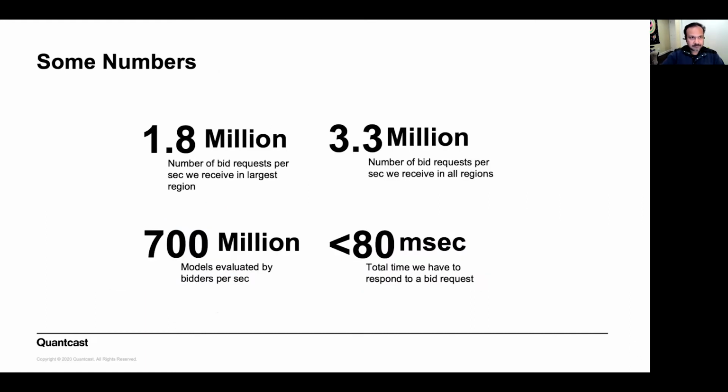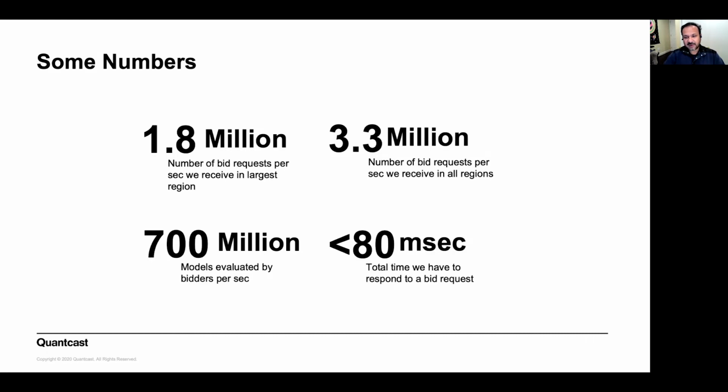So these are some numbers to give you an idea of the scale. One of the biggest regions that Quantcast has handles 1.8 million requests per second at peak. Combined, all the regions handle almost 3.3 million requests per second.